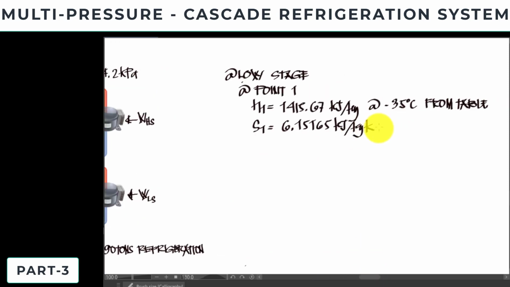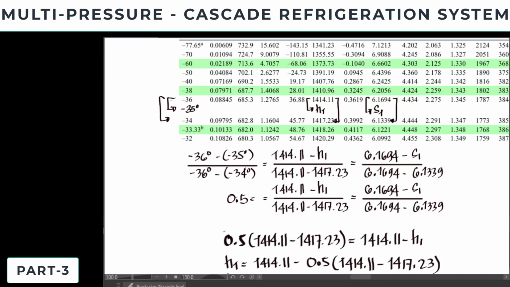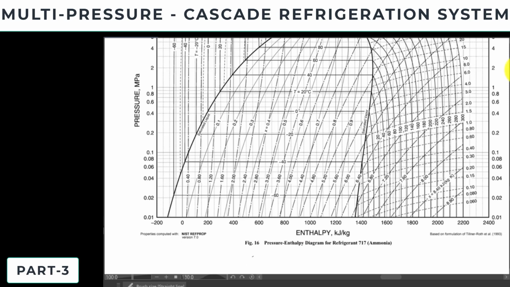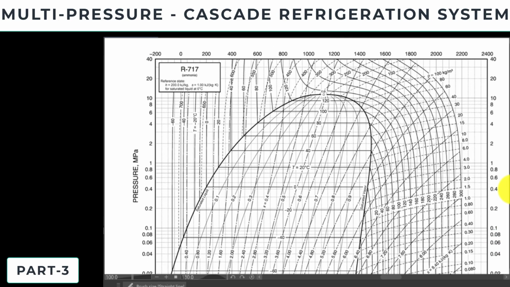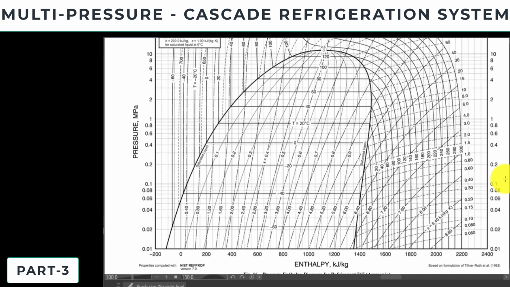Okay, so that value is from the interpolation, from negative 35 degrees in the table by means of interpolation. From here, the pressure at negative 35 is in between. So let's put it in the pressure-enthalpy diagram, the PH diagram.